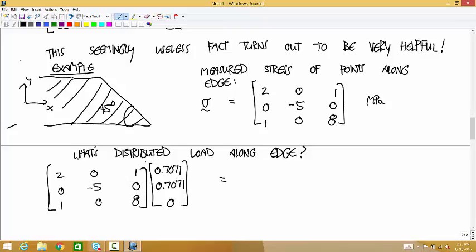And so the traction, the distributed load acting along that face is 1.414 megapascals.